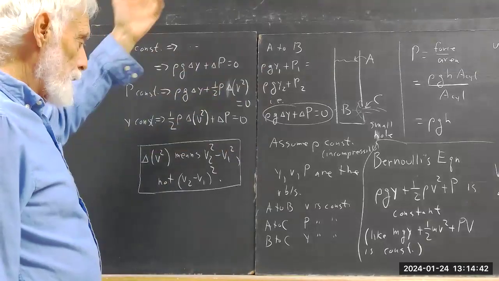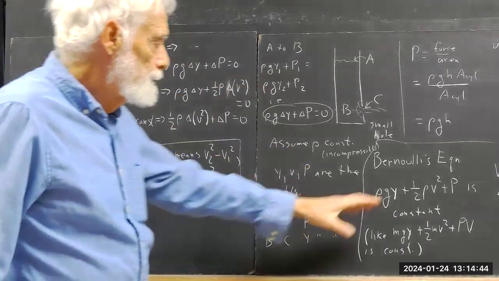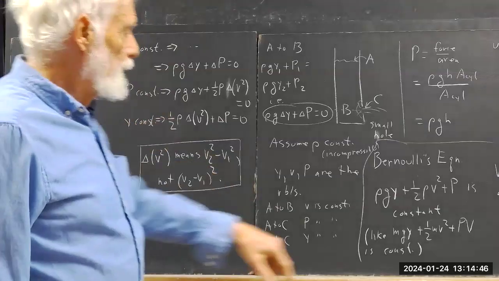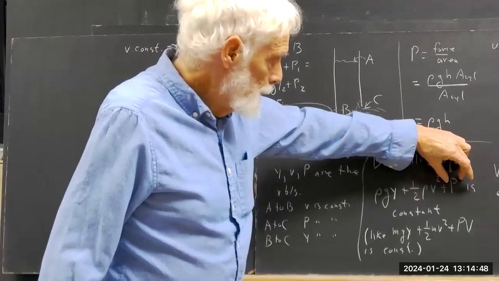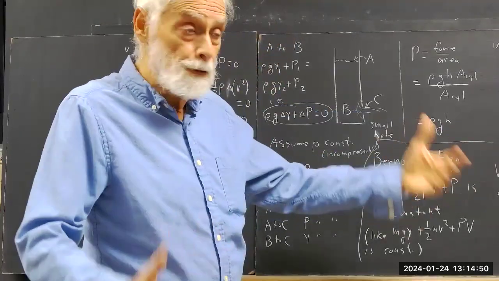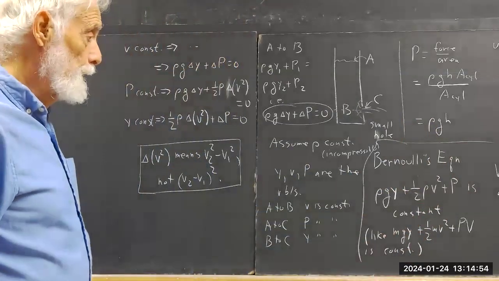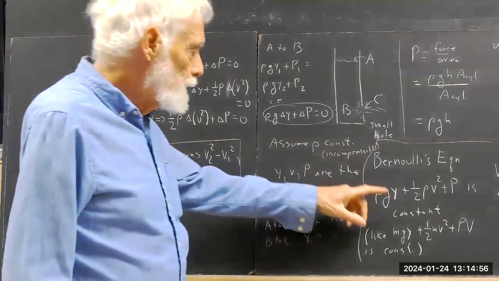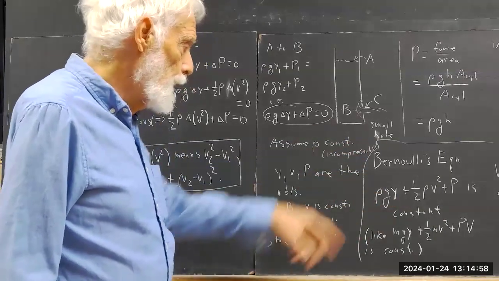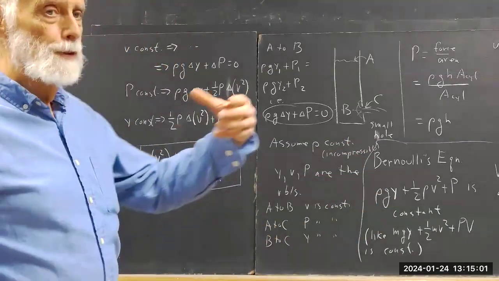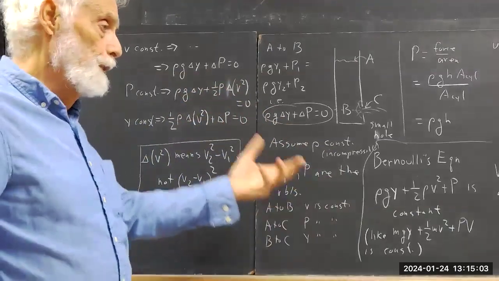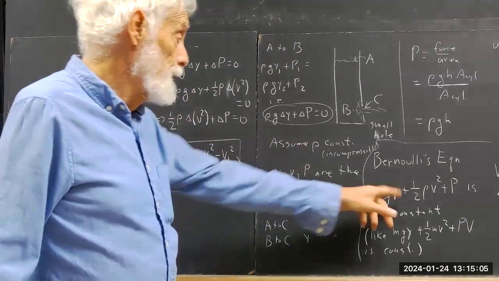In the equation where P is constant, the P doesn't have to be written. The change in P is going to be 0. You just have the changes in rho g y and 1/2 rho v squared. The change in rho g y is just rho g times the change in y, because rho and g are constant and don't affect the change.